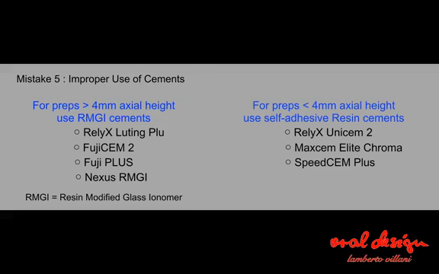For preps more than 4 mm axial height, use RMGI cement. RMGI is a resin modified glass ionomer. For preps less than 4 mm axial height, use self-adhesive resin cement.